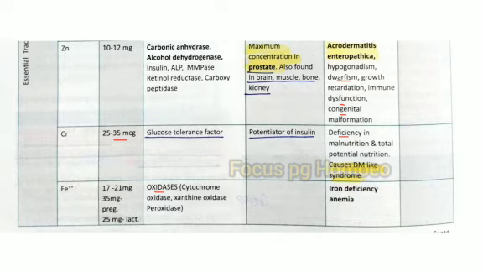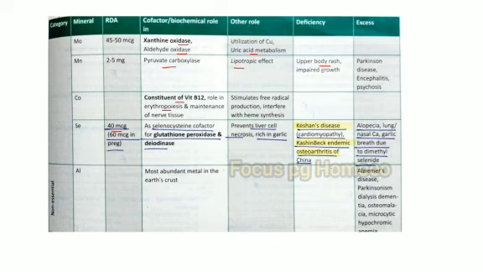Iron daily requirement is 17 to 21 milligrams, and in pregnancy 35 milligrams, in lactation 25 milligrams. It's a part of oxidase reactions and its deficiency leads to iron deficiency. Next is molybdenum. The daily requirement is 45 to 50 micrograms.